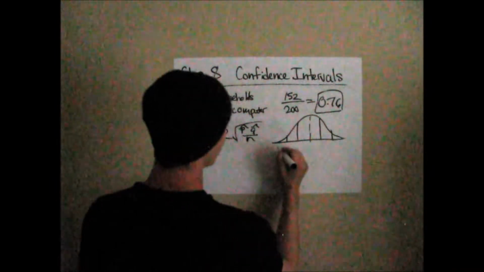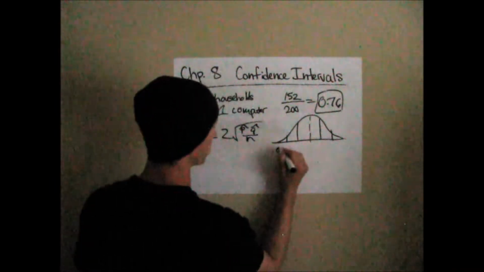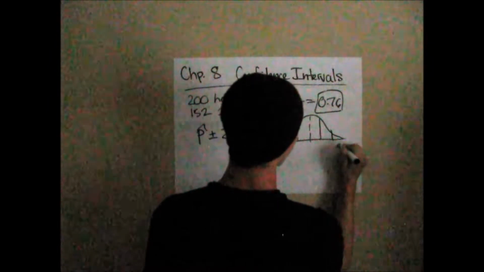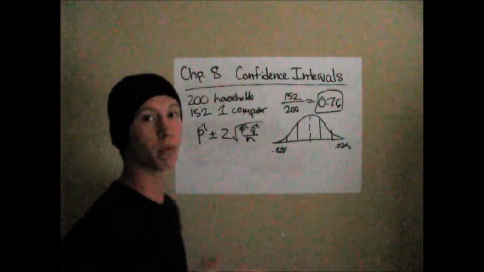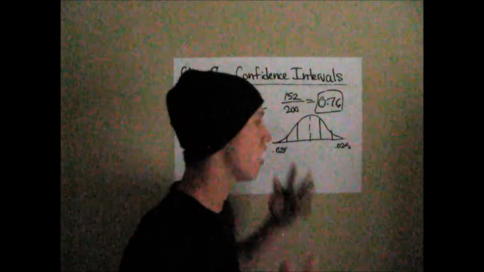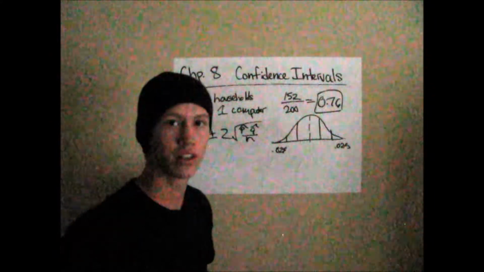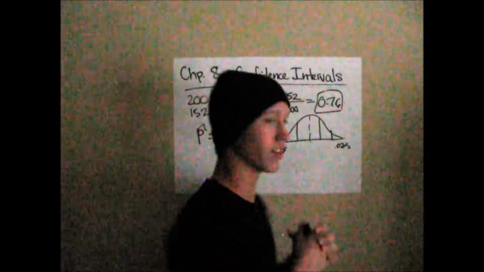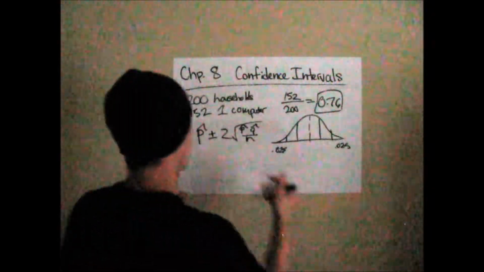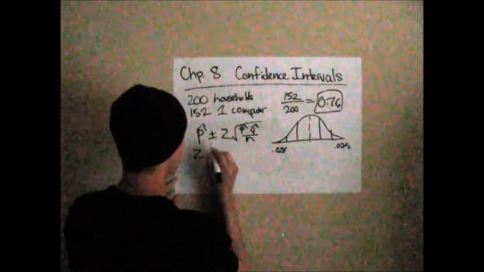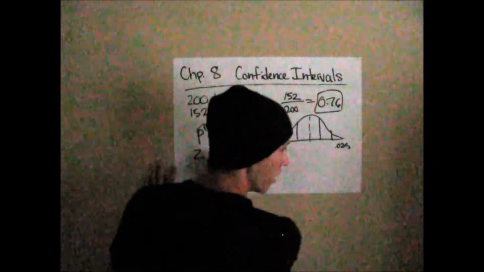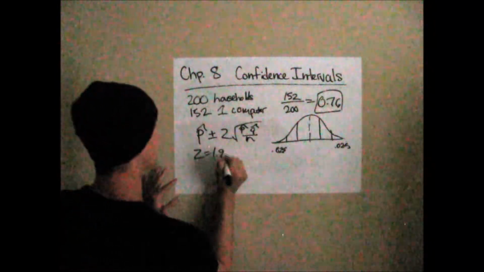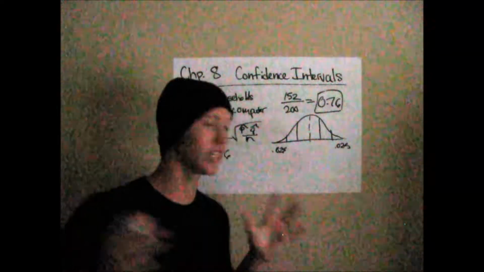So on each side we have 2.5%, or 0.025. So to find our z for this formula, we'll go to our z table in the back of the book, and we'll find that our z score is 1.96.